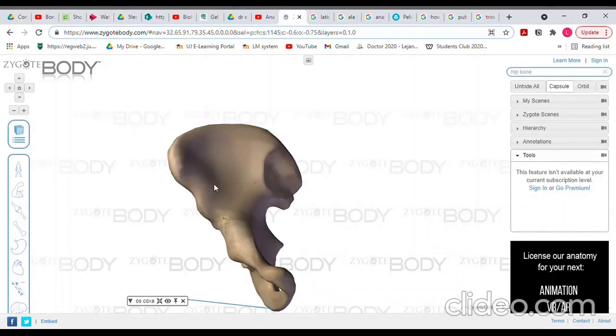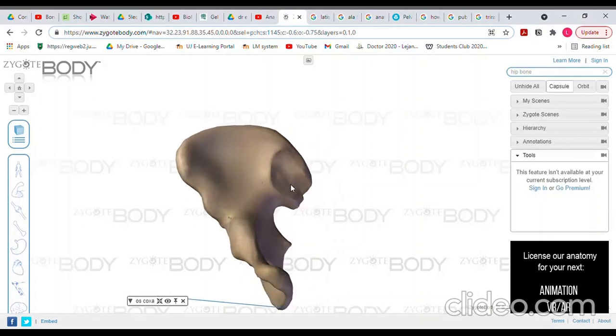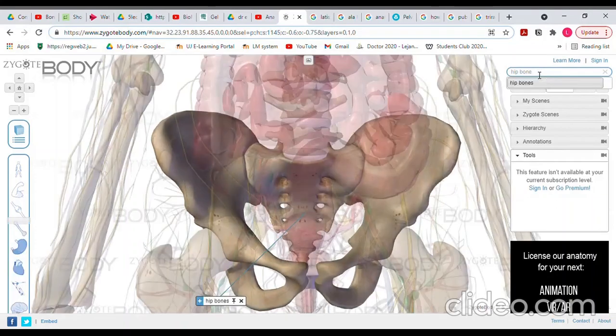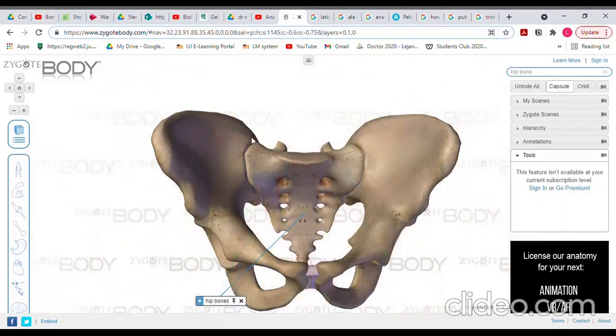And we also have a more rough surface right here. This is a more rough surface, and this is the rough posterior area. This more rough surface is where we have the articulation of the sacroiliac joint. Didn't we say that, let's look at the bone. Here we said we have this sacroiliac joint.